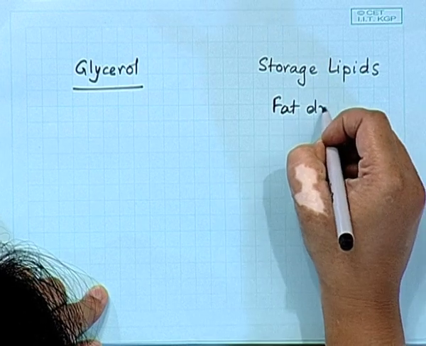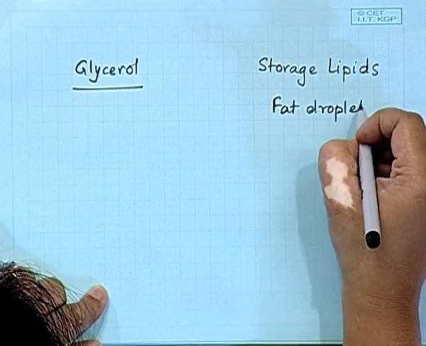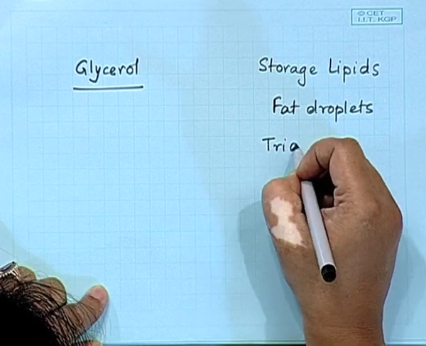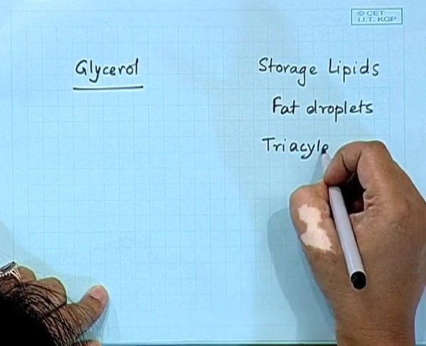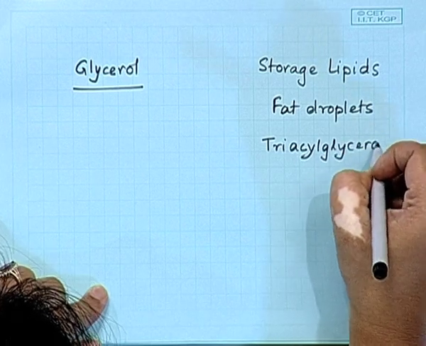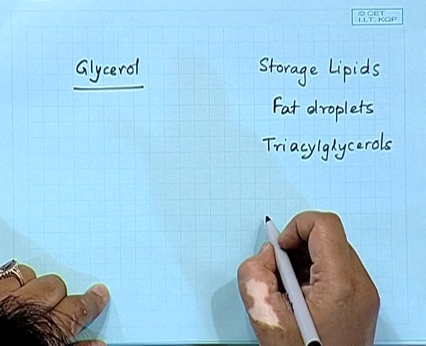What are these fat droplets? The fat droplets are triacylglycerols, or triglycerides. What is the basic structure in this case?